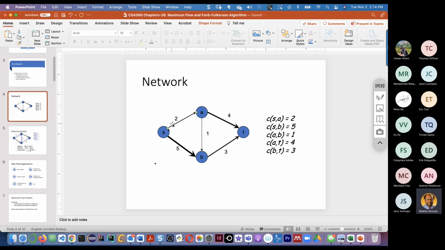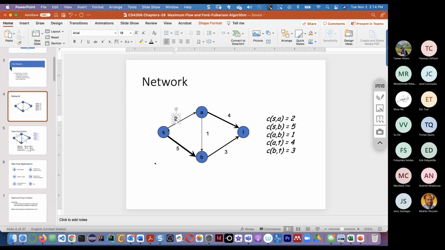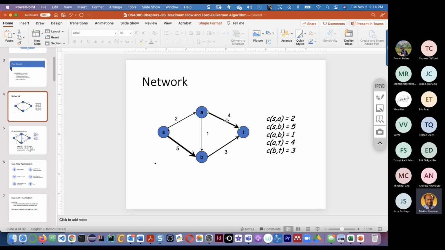So from S to A, it can pass only maximum 2 units. Although A to T has capacity 4 units, in case it does not find enough items or fluid to A, then it cannot pass through this path, right?